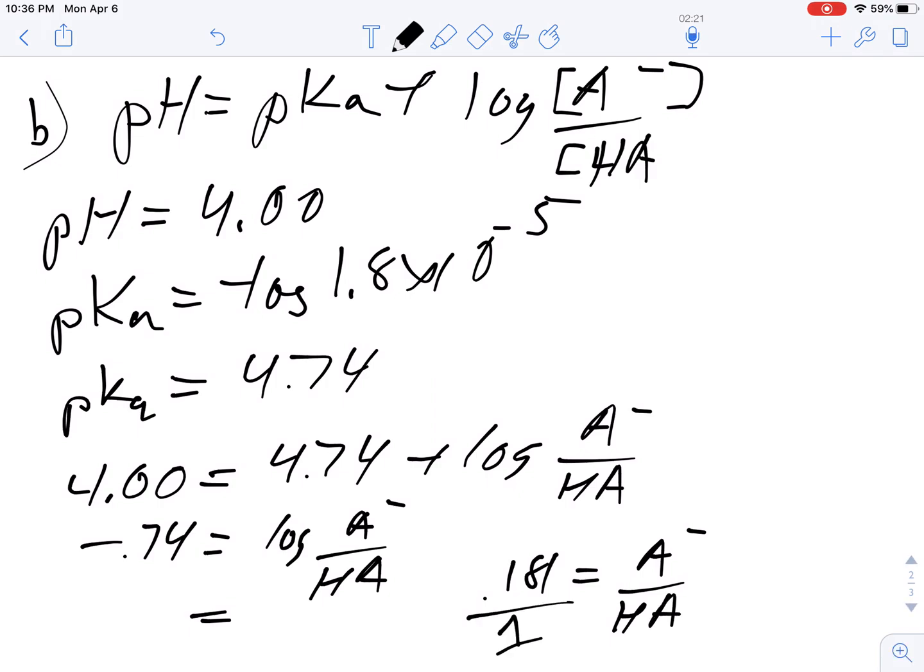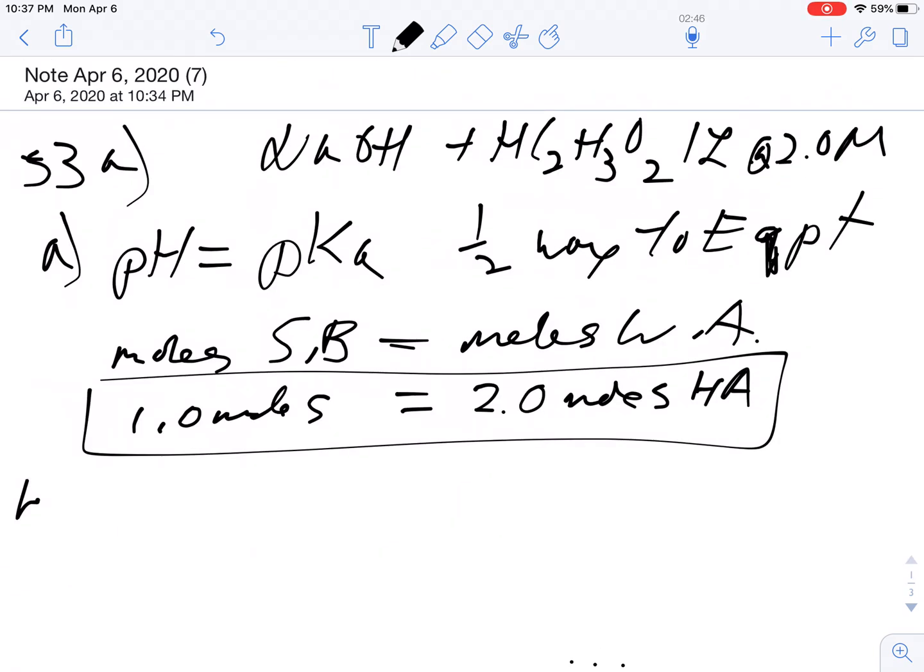So for every 1 mole of weak acid, I'm going to need 0.18 moles of the weak base. Okay, so we make the weak base by adding the strong base, because just like in problem number 1, those two things are going to react.